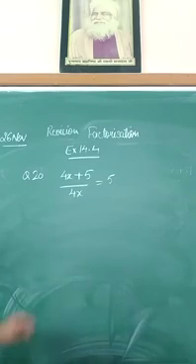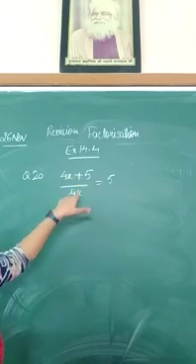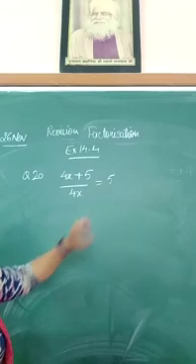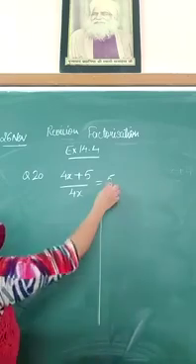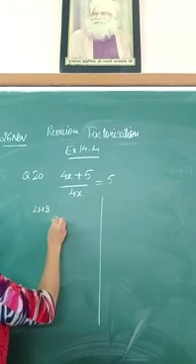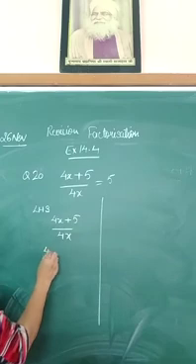Question number 20. The statement is (4x plus 5) upon 4x. When you solve it, you are getting 5 as the answer. But we have to check whether 5 is the answer or some mistake is there. So let's consider this left hand side, (4x plus 5) upon 4x. Now, separate it out.